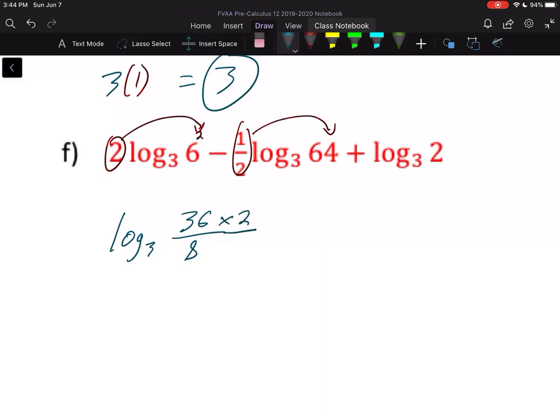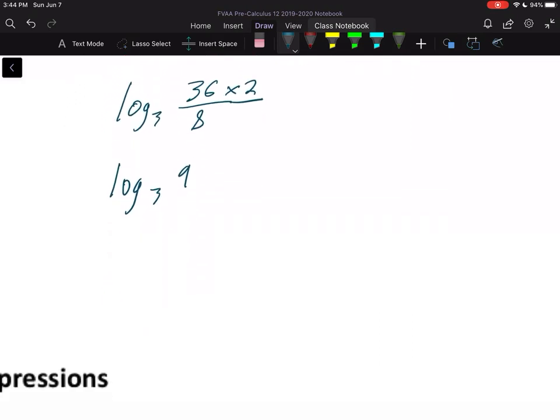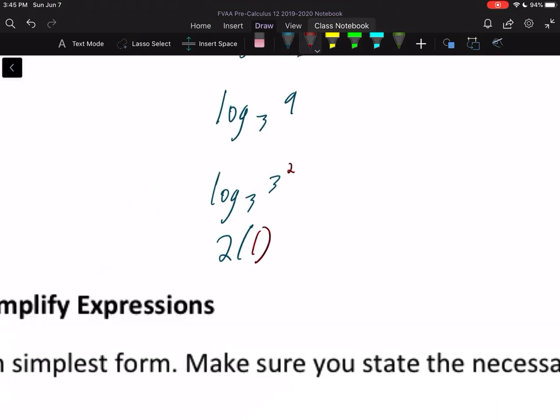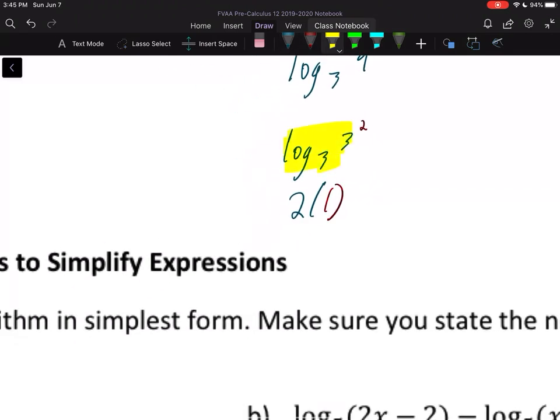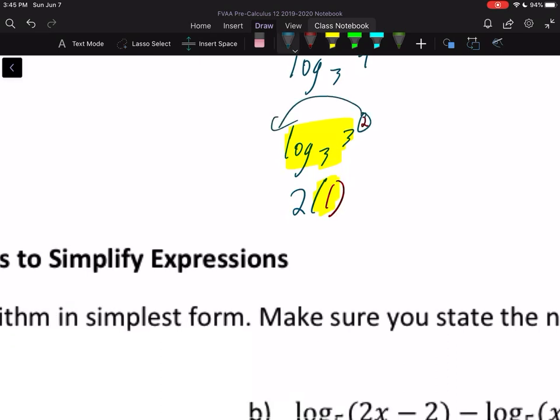The minuses, the negatives go on the bottom, positives go on the top in this, okay? And that is equal to, if you plug it all together, log 3 to the 9, okay, and then log 3 to the 3 squared, because this is equal to 1, right? And then the 2 is brought to the coefficient.